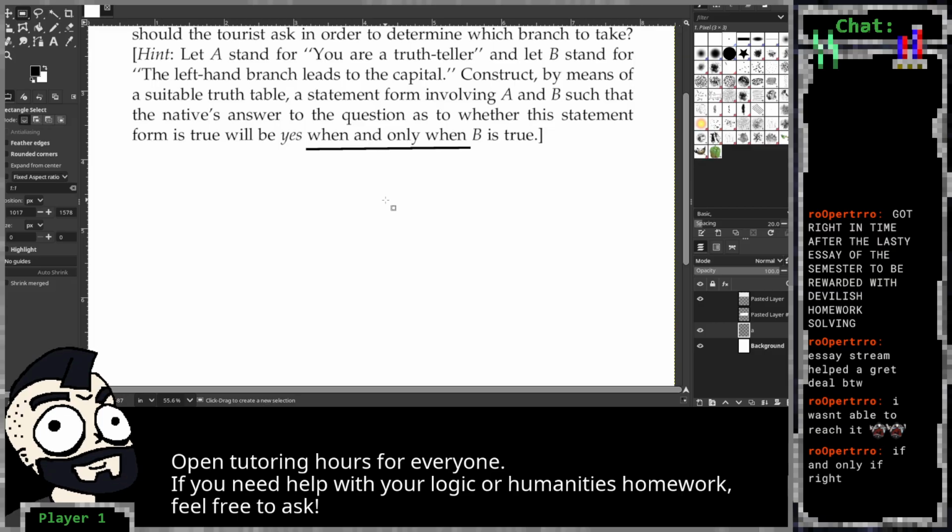A conjunction will not work because that only works in the first case, if we're asking a truth teller and the road is the left one. A disjunction will not work because it is two legs.